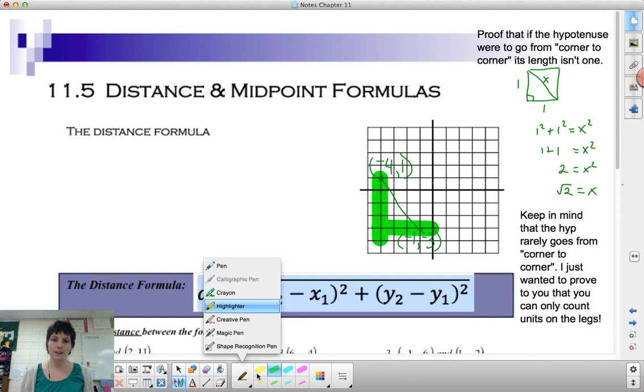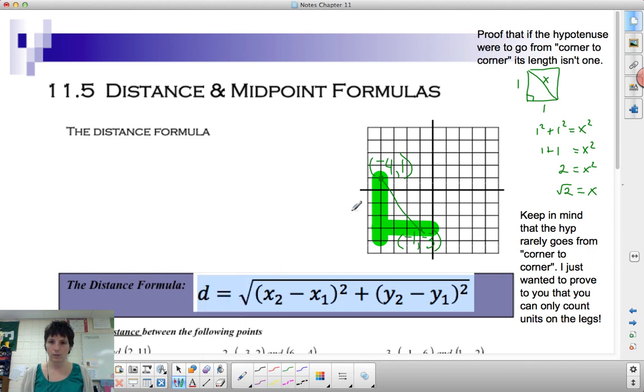I would say a squared plus b squared is equal to c squared, right? Calling this a over here and calling this one b. And instead of calling the hypotenuse c, now I'm calling it d for distance because it's an actual space in space.